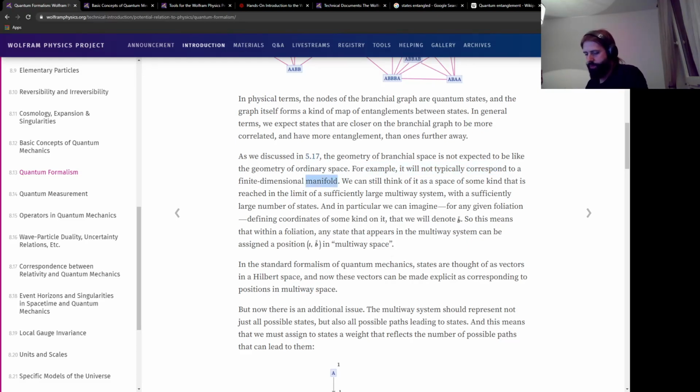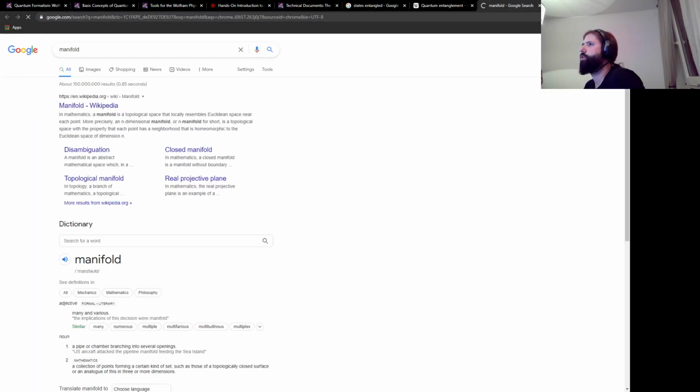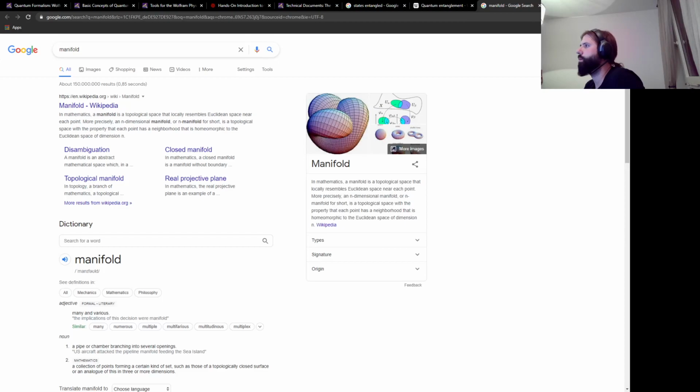You know what? I keep seeing manifold, and I really have never checked what it actually means. What is a manifold? Is it just a surface idea? Yeah, I think in mathematics, a manifold is a topological space that locally resembles Euclidean space near each point. More precisely, an n-dimensional manifold, or n-manifold for short, is a topological space with the property that each point has a neighborhood that is homeomorphic to Euclidean space of dimension n.